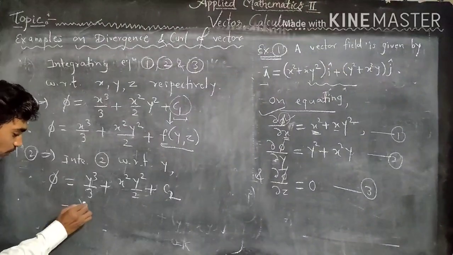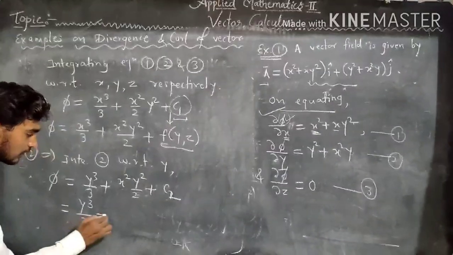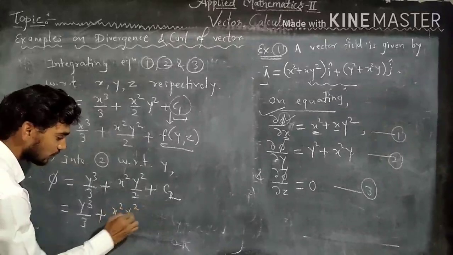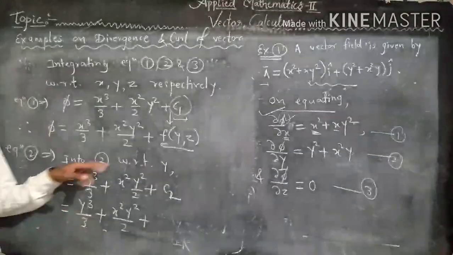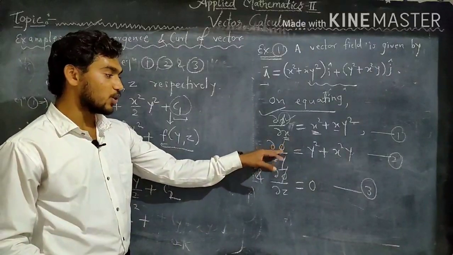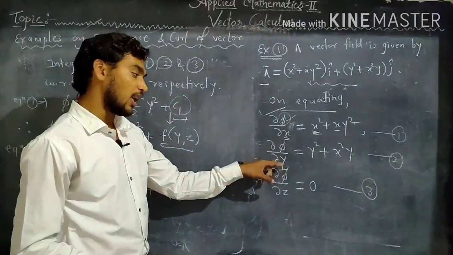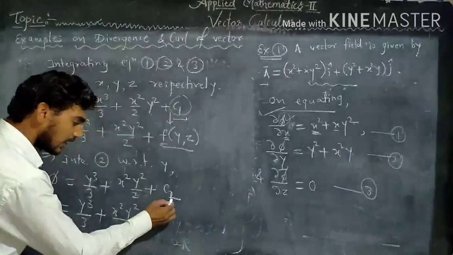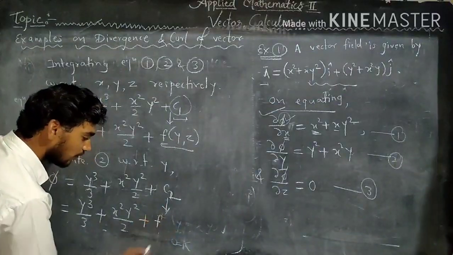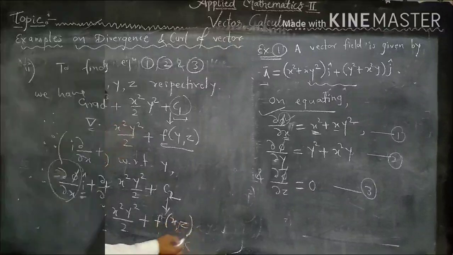So it is equal to y cube by 3 plus x square y square by 2 plus, now we have integrated equation 2 with respect to y, and for y, x and z are constant. So we will write c2 as f of x comma z.